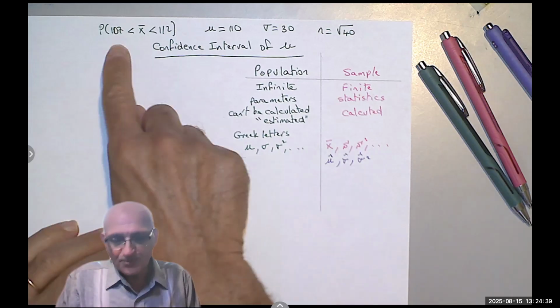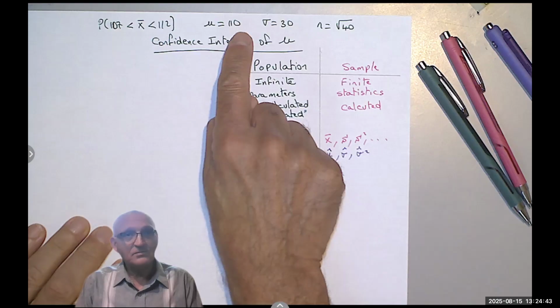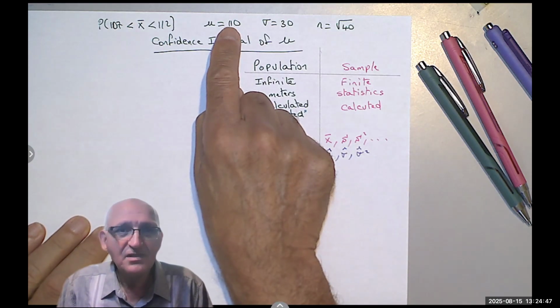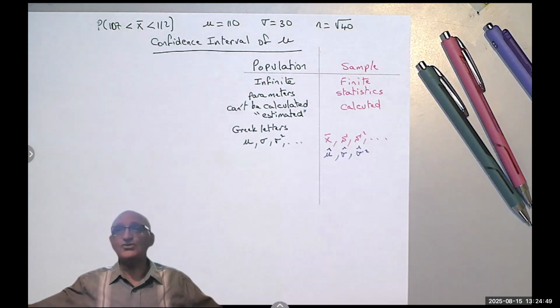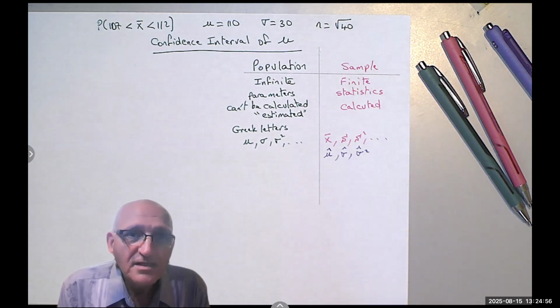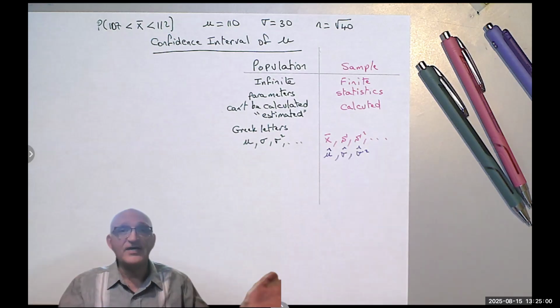So suppose in this problem, I calculated X bar, I don't know mu. In fact, in real life, you never know mu. Remember when I told you if you are producing, say, steel bars and you want to know exactly mu of the tensile strength of your production, you have to break all of them.